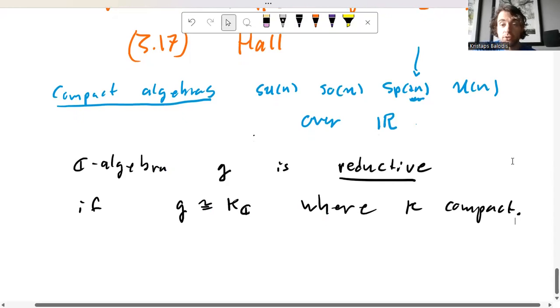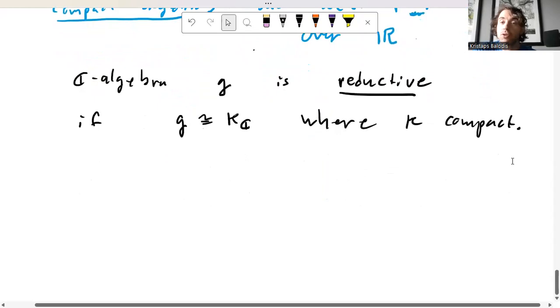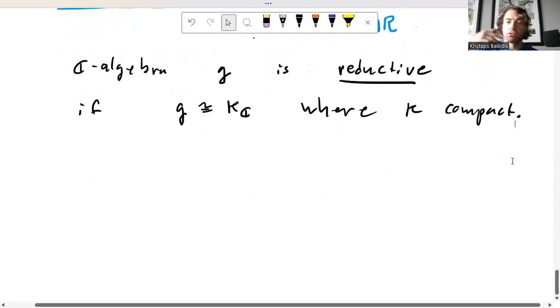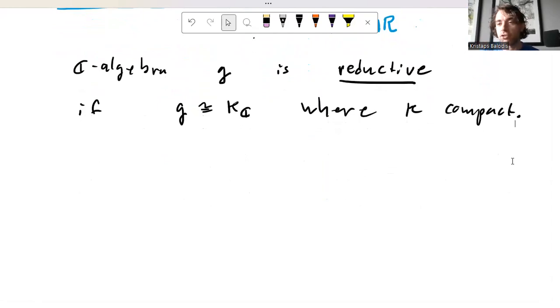Roughly speaking, the reason why we care about reductive Lie algebras, and this term extends to Lie groups as well, is basically just because that's where the representation theory is the nicest. We can, in some sense, recover the group or algebra from its category of representations. So that's a brief explanation of why this term even matters in the first place.